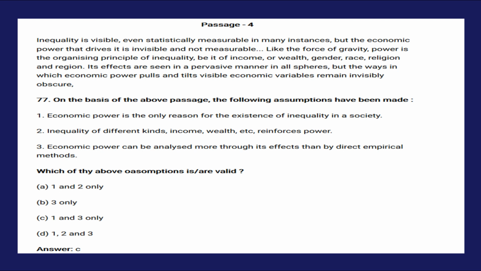Third, economic power can be analyzed more through its effects than by direct empirical methods. Which of the above assumptions is/are valid? Option A, first and second only. B, third only. C, first and third only. D, first, second, and third. And the answer is option C, first and third.